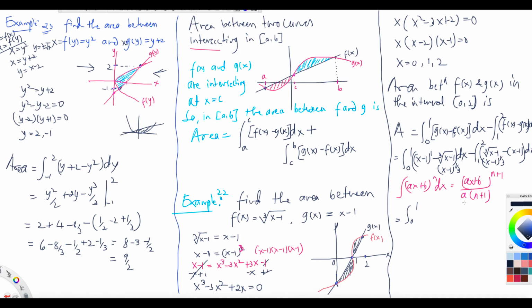Let me write it down that way first: (x minus 1) to the 1 minus (x minus 1) to the 1/3, that is cube root, right? dx is here. That is the first integral.